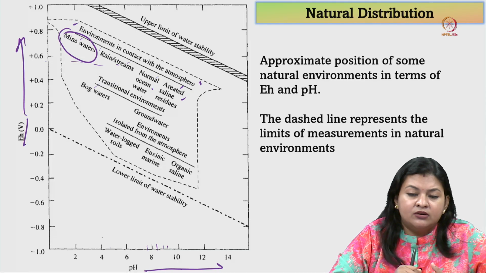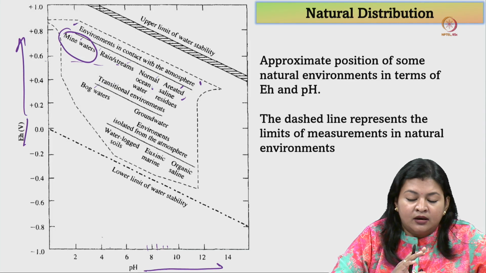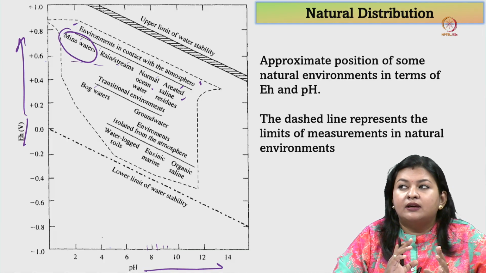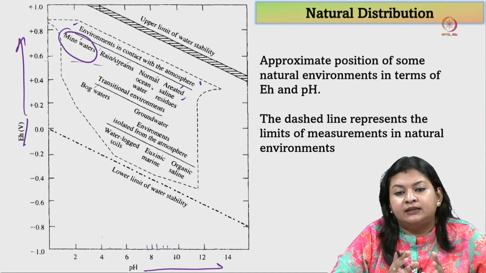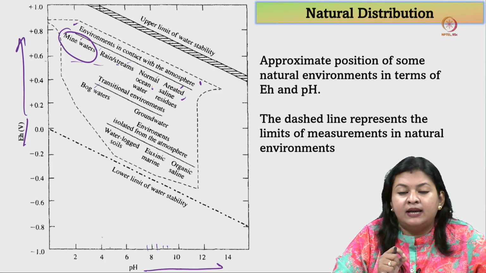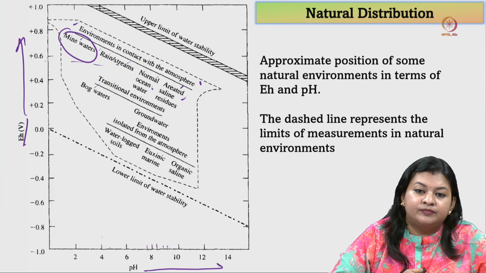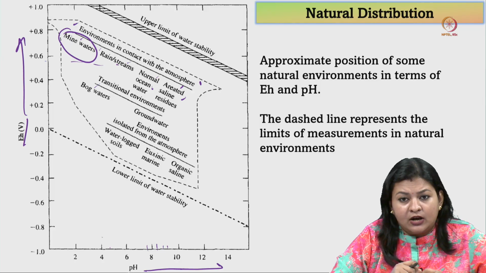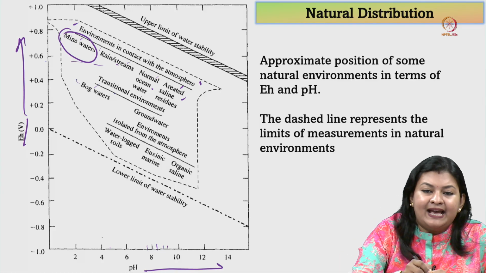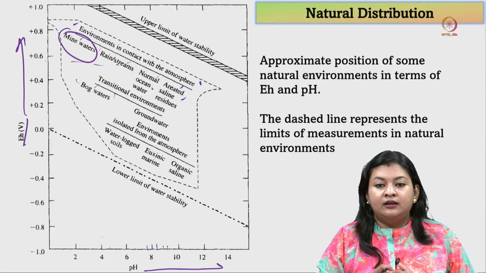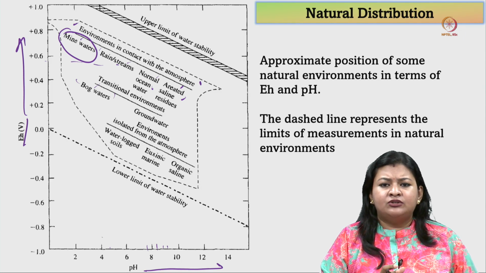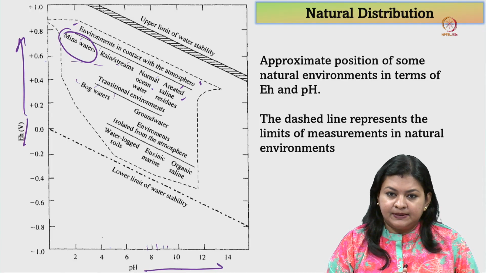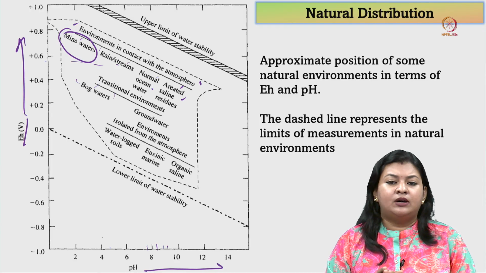It is mostly due to the high organic matter that is getting decayed, which is quickly utilizing whatever oxygen is available. So, bog waters are slightly acidic because of the decaying, there will be a lot of humic and fulvic acid, so organic acid rich, which will shift it towards slightly acidic as compared to groundwater.